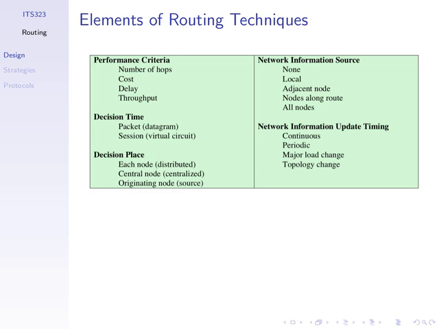If a delay of 1 millisecond and then 2 milliseconds, total delay is 3 milliseconds. Throughput or data rate is not additive. In fact, we look at what is the minimum of all the values across a particular path. So we need to transform that somehow to make it into an additive value. That's all. So we may need to modify these values to make them work with our algorithms.